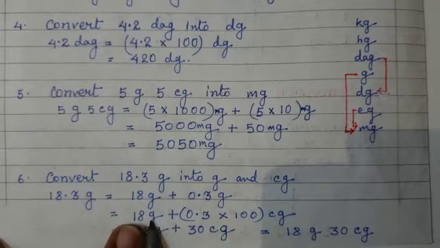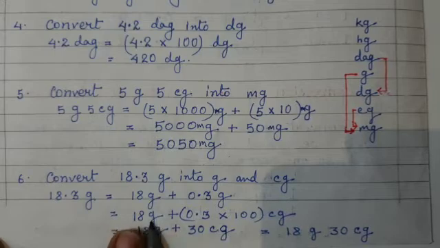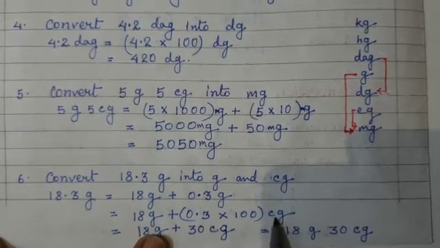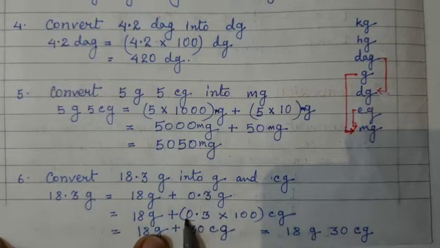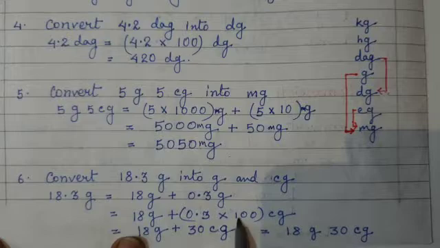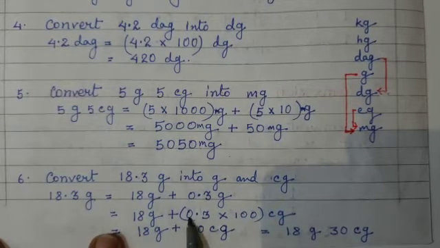This 18 gram is already given in gram. We need to convert it in gram. That means 18 gram is already in gram. Only 0.3 gram will be converted to centigram. So what are we getting? 0.3 into 100. Gram to centigram means 2 steps going down. Therefore, we need to multiply by 100. So when we multiply 0.3 into 100, we get 30.